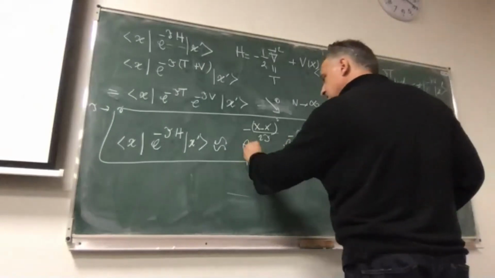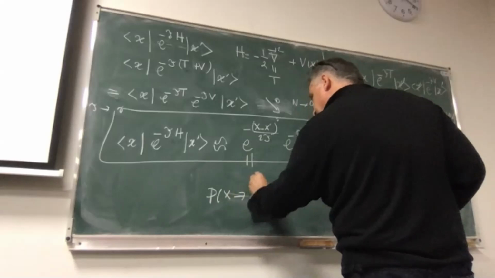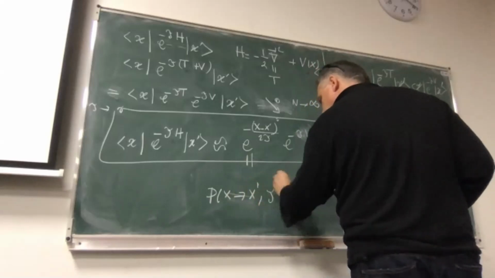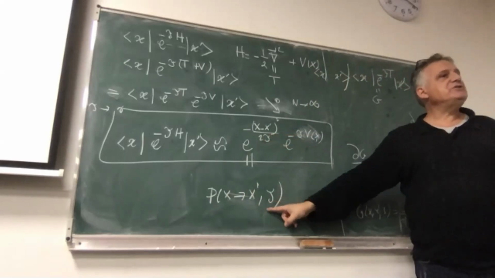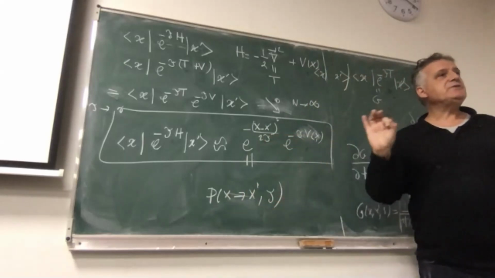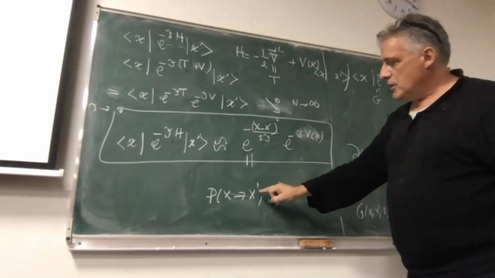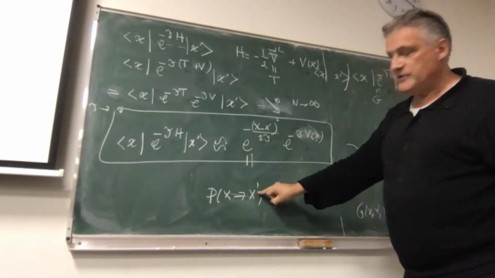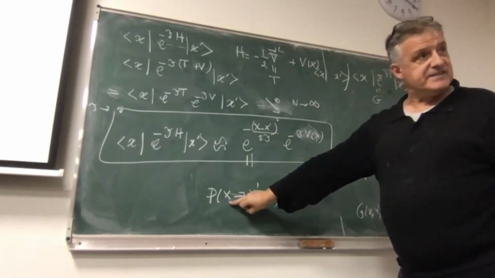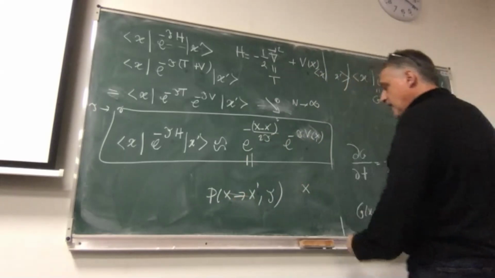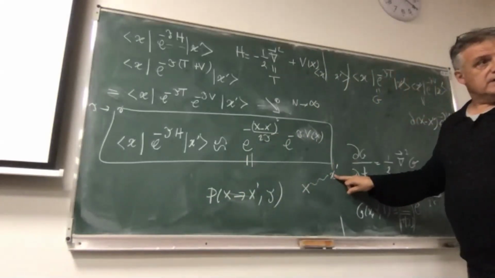This is a transition probability, in fact. This can be interpreted as a transition probability. What is a transition probability? I recall, this is a probability with respect to the final variable. I'm at x. I want to have a probability to go to x prime.